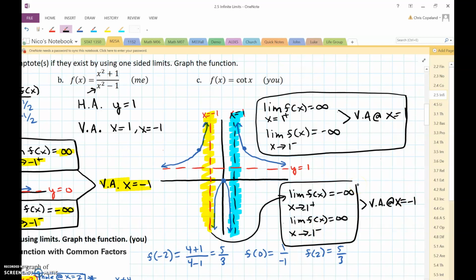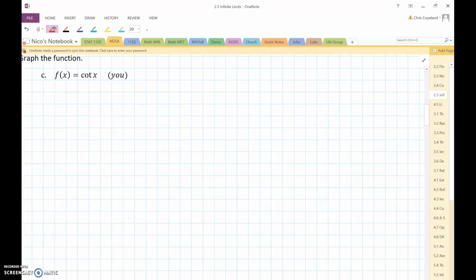Alright, let's look at part C. Same thing here. We're going to graph it and then describe the vertical asymptotes using one-sided limits. This should be a trig function that you are used to graphing from trig.